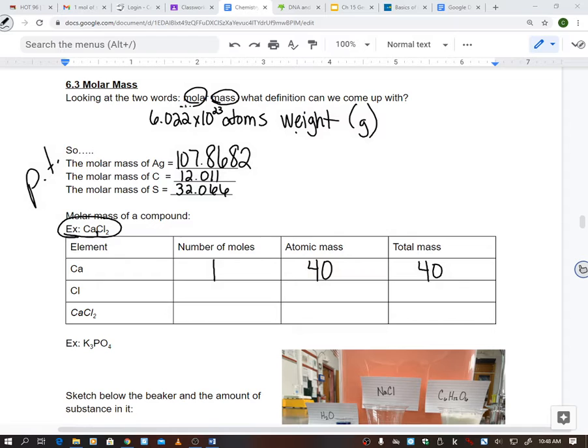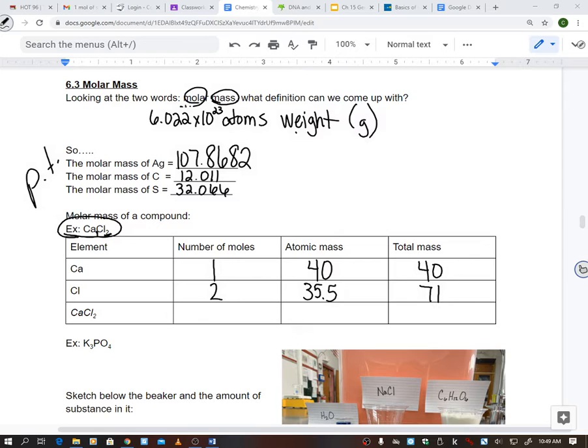For chlorine, there are 2 moles of chlorine in this thing. The atomic mass of chlorine is 35.5. Remember, I round until I get something that's right in the middle, and then I tend to keep that. That's just the way my brain works. Some kids round it up, or with chlorine, actually, you would round that down to 35. So 35.5, and there are 2 of them, so the total mass is 71.